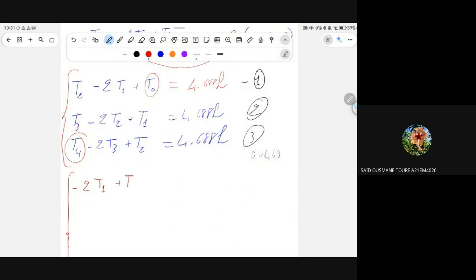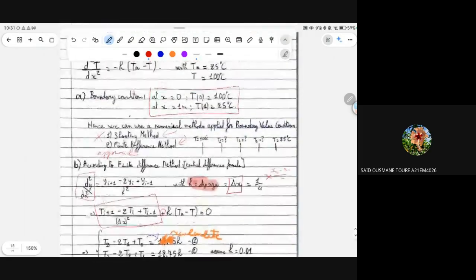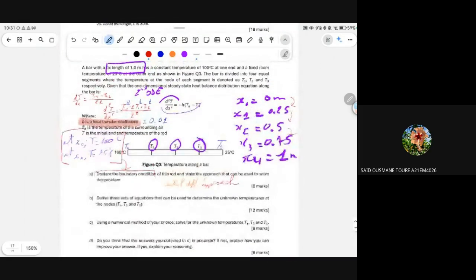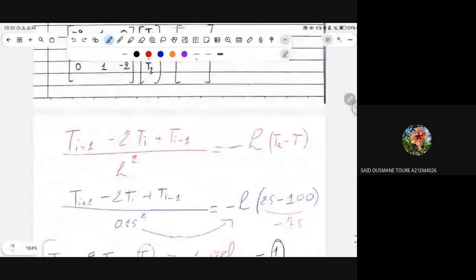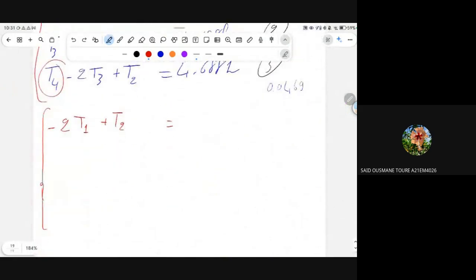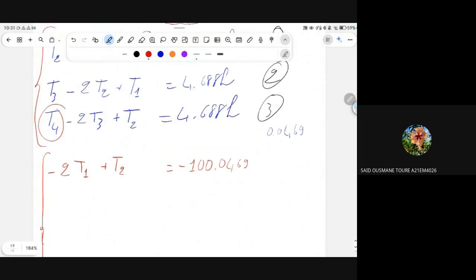T0 here is what? 100? Yeah, T0 is 100. So we have minus 100 point. I don't think it makes such a difference, but this is just an assumption, guys, once again. But the h there, they surely gave it.